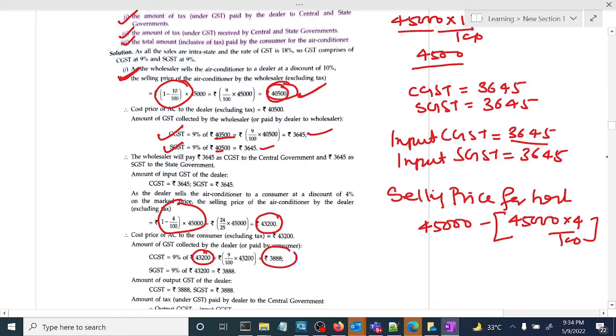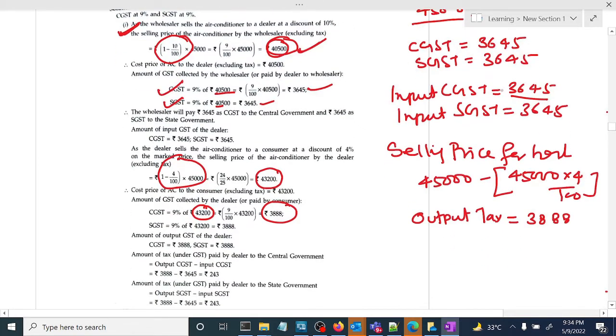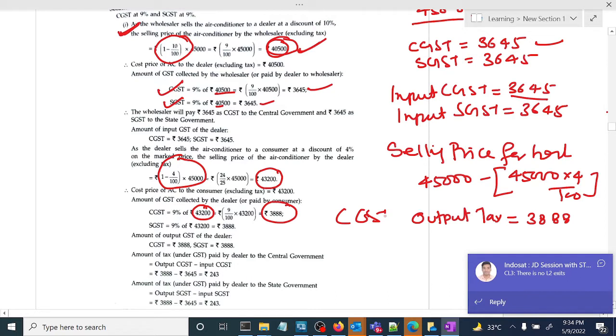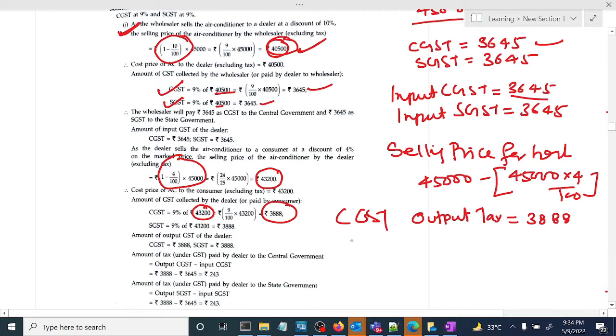So taxes are 3888. So output tax, if you say output CGST and output SGST, is how much? 3888, right? So input tax was 3645.